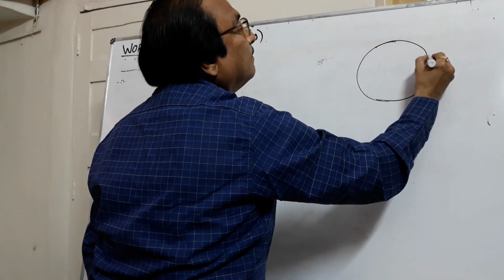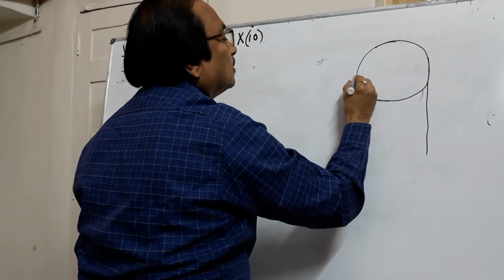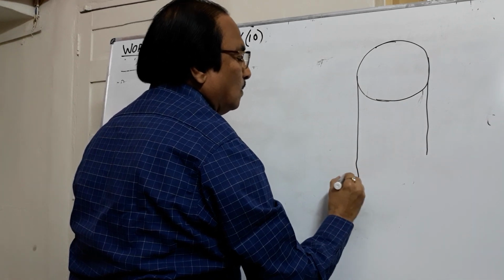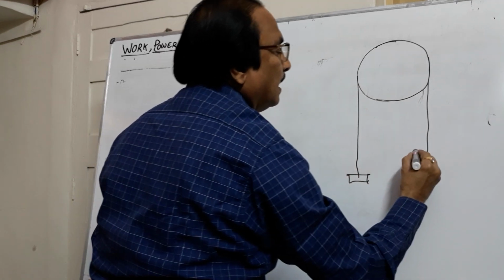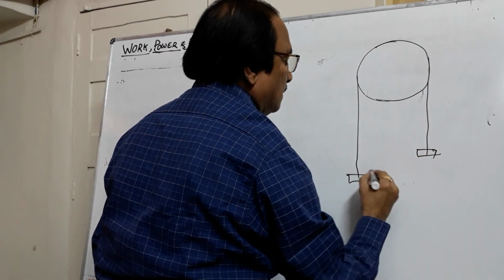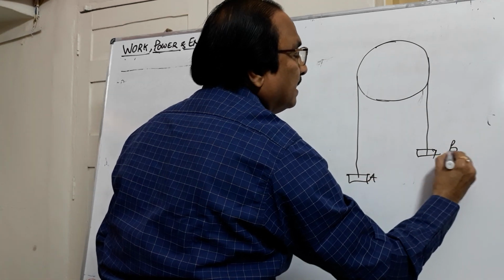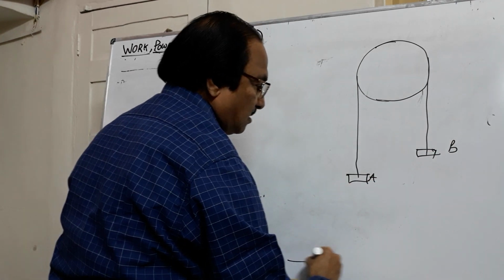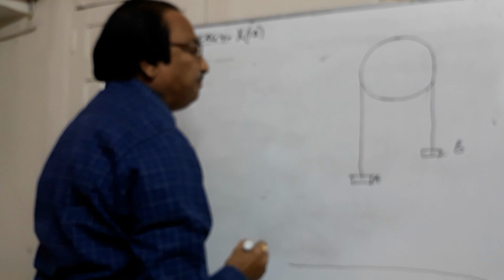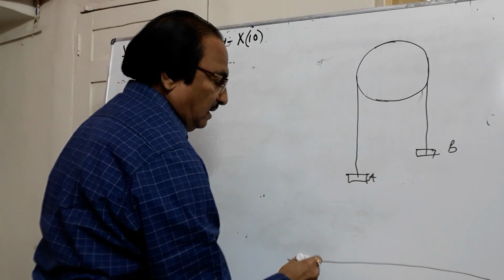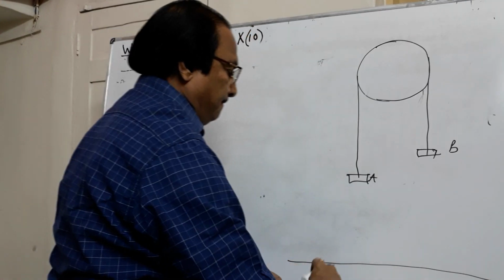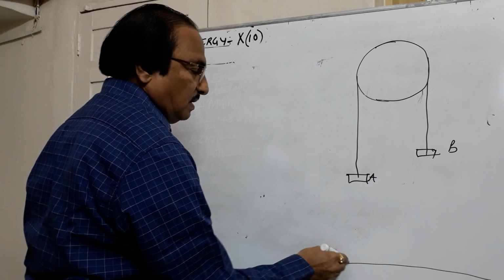This is a pulley. Two blocks are hung here, one is A, another is B. Now this is the ground level.